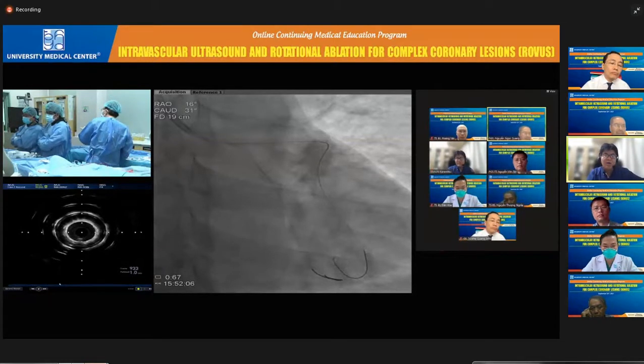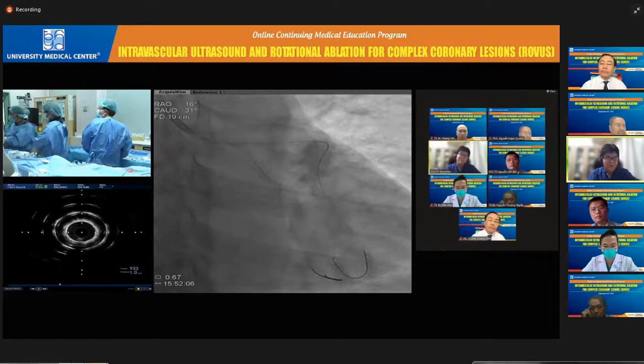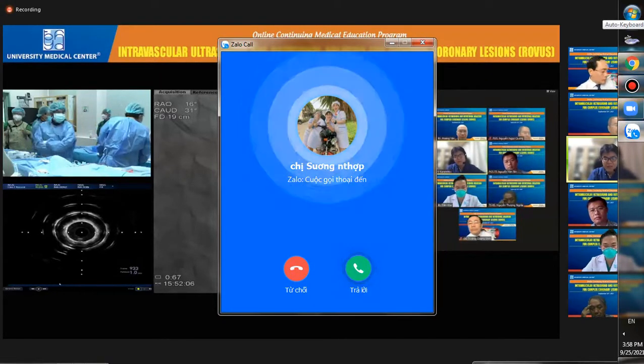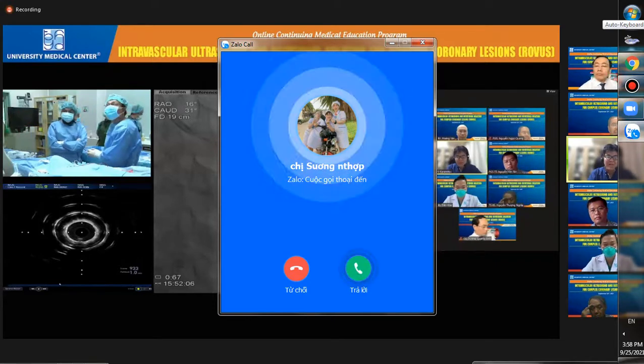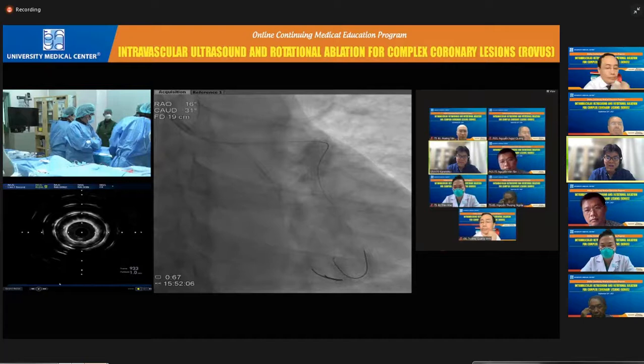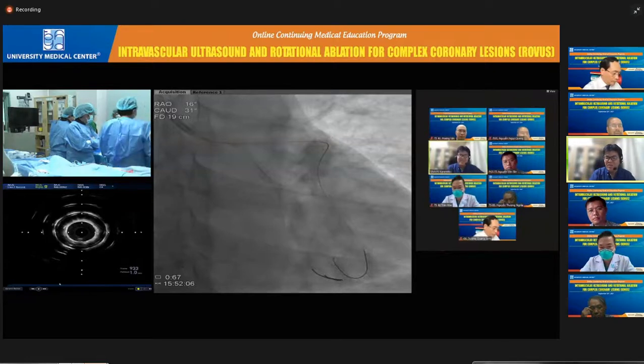Thank you. Yes, I agree with you. However, in my clinical practice, I decide the balloon size for KBI according to the IVUS image. When we choose the two-stent strategy, it's a little bit difficult to obtain the optimal result.